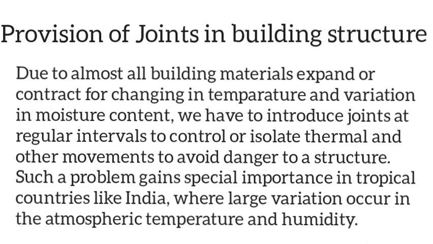This is achieved by breaking the continuity of a structure by introducing joints at regular intervals. These joints subdivide the building into smaller units and also permit free movement of each unit.